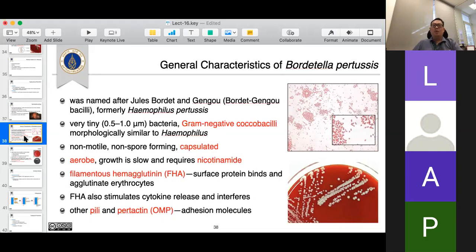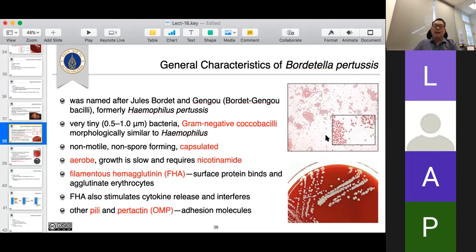We do not have so many cases. Another bacteria, Bordetella pertussis. Okay, previously named Haemophilus pertussis, but now we have moved it out from Haemophilus. They are also coccobacilli. Okay, cells very small.